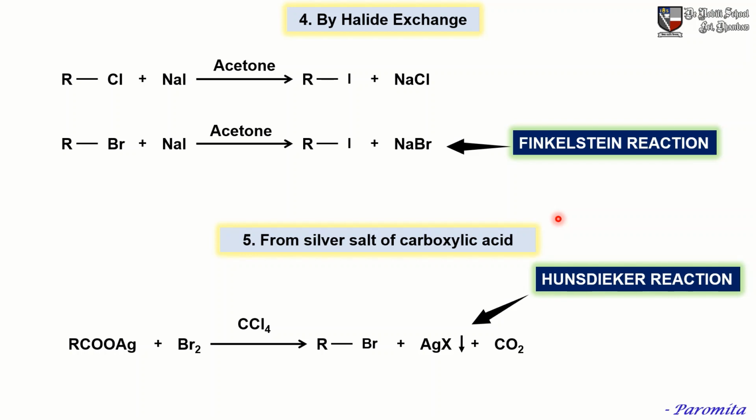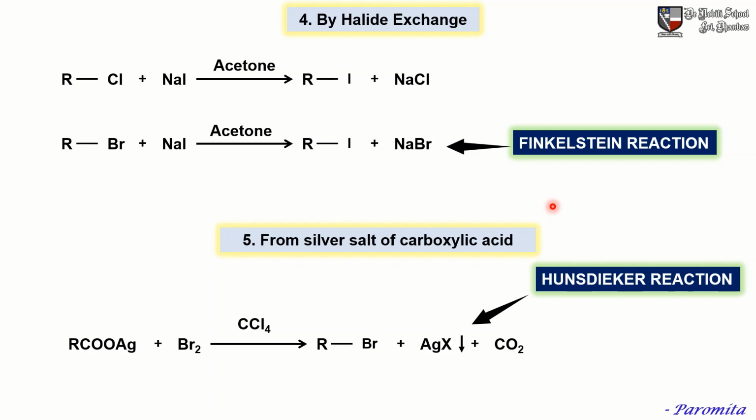Similarly, we can also obtain fluorides by heating alkyl chlorides or bromides in the presence of metallic fluorides like Hg2F2. This halide exchange method, known as the Swarts reaction, which involves the preparation of alkyl fluorides, has already been discussed in the previous class.